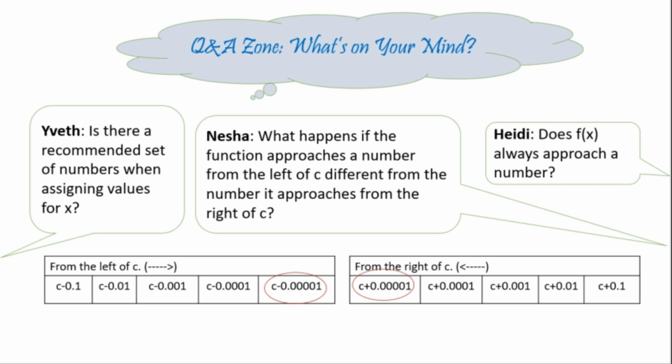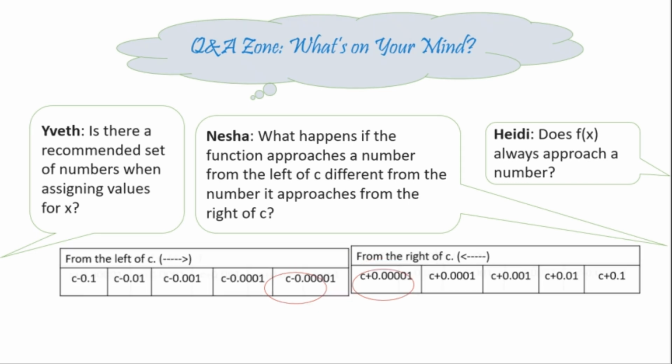So the case when the function approaches two different values from the left and from the right is also a case of a function that has no limit, or not approaching a number at all. Again, an extensive discussion about this will be given in the coming episodes.